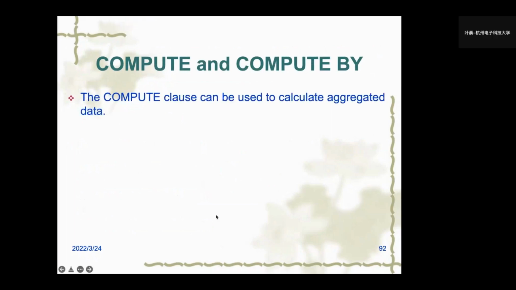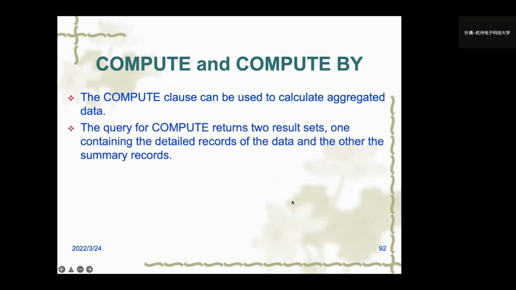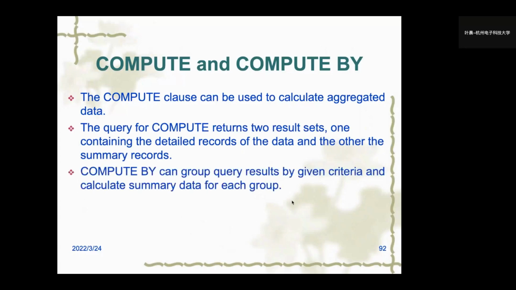And for compute and compute by, the compute clause can be used to calculate aggregate data. The query for compute returns two result sets, one containing the detailed records of the data, and the other one is the summary records.